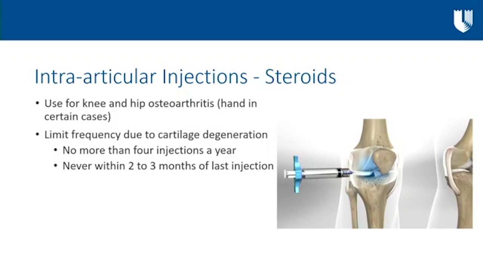But a lot of times these can be temporizing things. So if you need something to get you over a little hump so that you can start physical therapy and start other things and start with the exercise, then again, it comes back to what is the plan for that symptom management and what is that next step? So intra-articular injections could be a possibility.